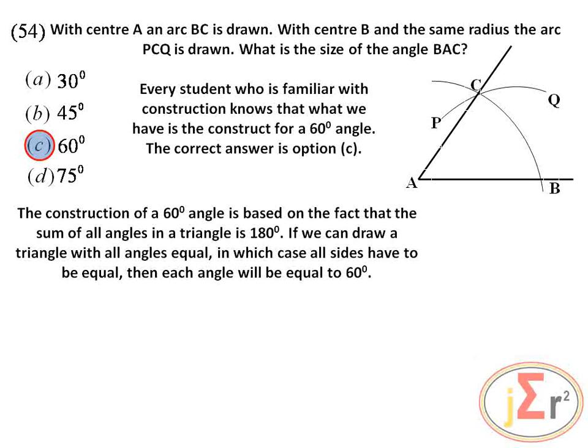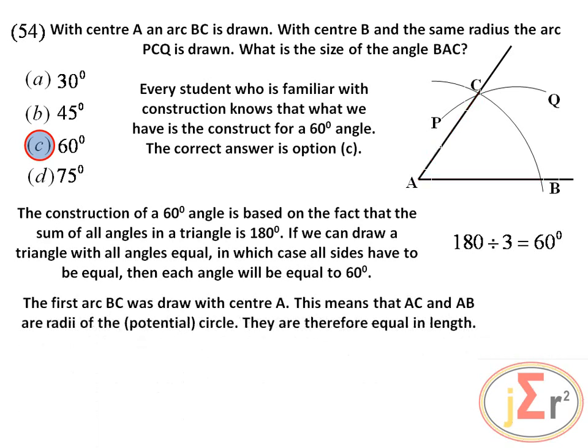We will have created an equilateral triangle in which all sides are equal and all angles are equal. Each angle will be 180 divided by 3, and that will give us 60 degrees. So that is the premise on which we construct a 60 degrees angle.